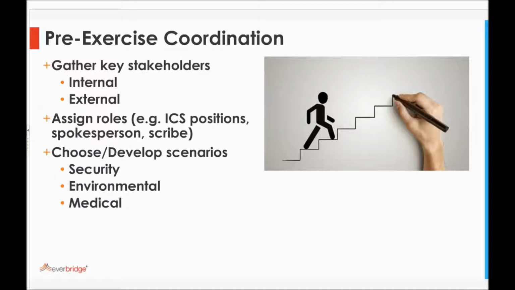We want to have those that are involved with facilities, those who are in administrative support roles, because all of these people will have a role to play of some sort, whether they sit on the front line and are first to encounter the issue, or their expertise is on where supplies are kept or where utility shutoffs are, or they will be crafting the message and deciding how we actually respond to this. Those internal stakeholders are irreplaceable, and we'll talk a little bit more about that in just a moment.